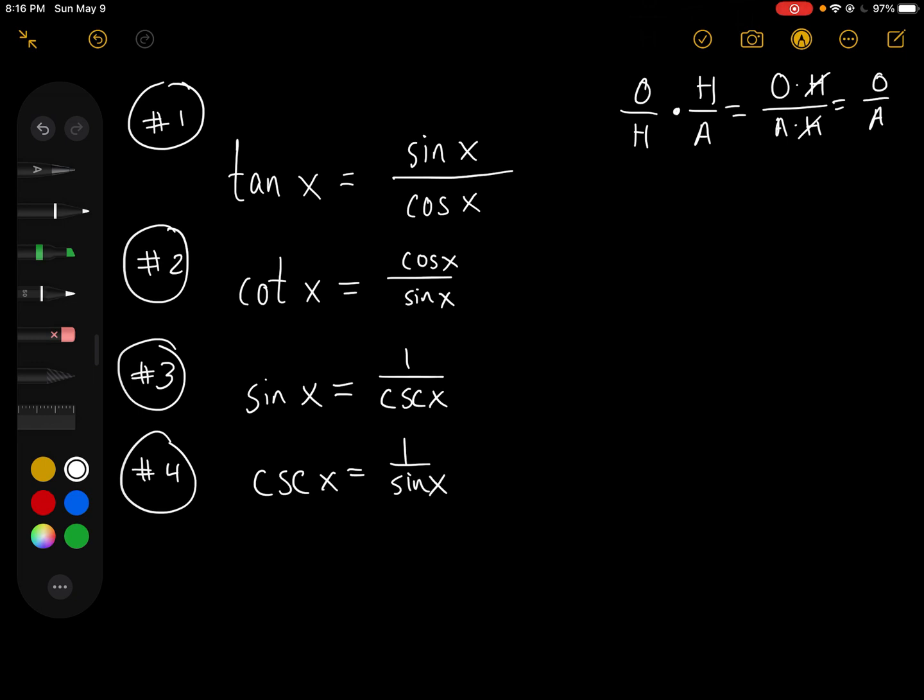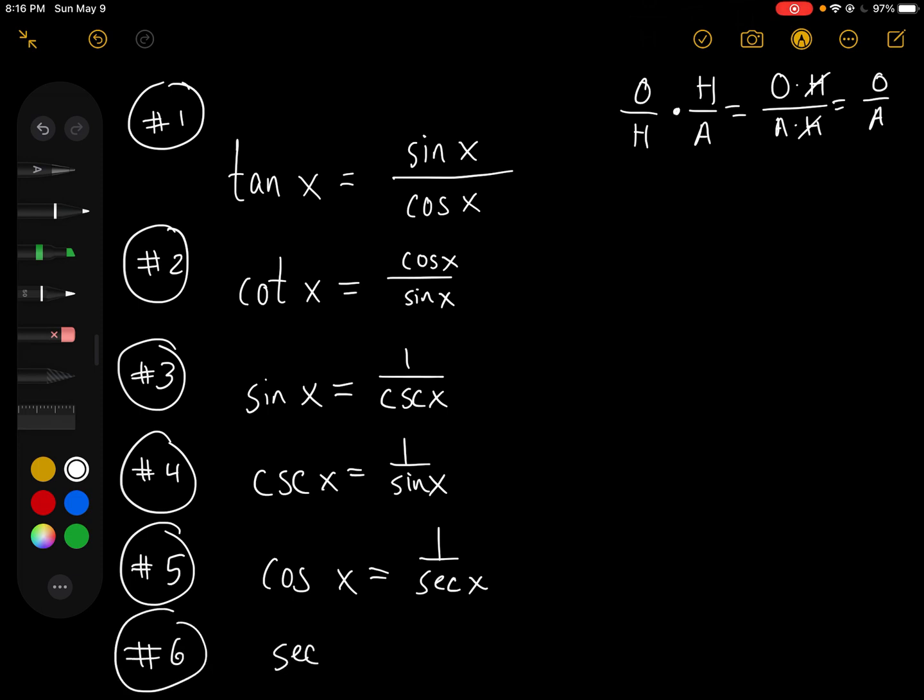So again, hopefully that should logically follow how we're getting to that point. Same thing here for cosine. Cosine is secant flipped, and then secant is also cosine flipped.